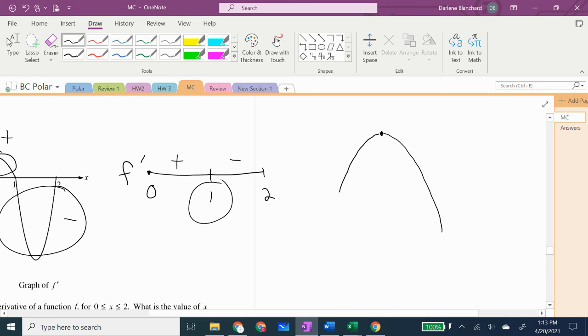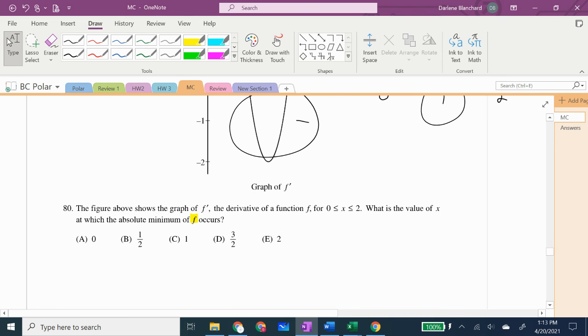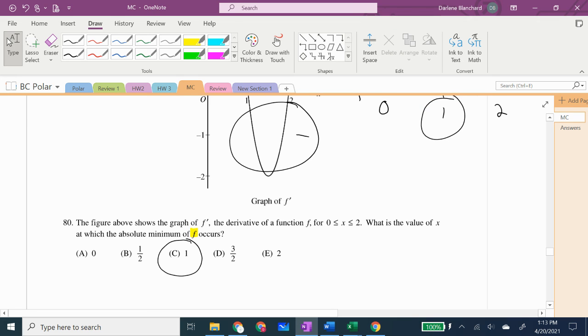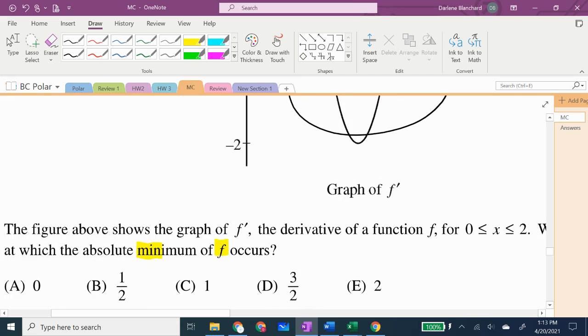Absolute maximum occurs when x is equal to 1. And is that what it asked? No, it asked for the minimum. Ha, ha, ha. Always read the words. Maximum, minimum. Very important. Minimum.